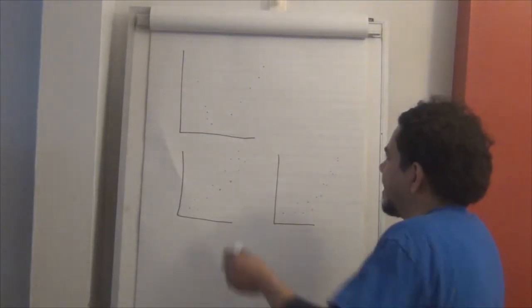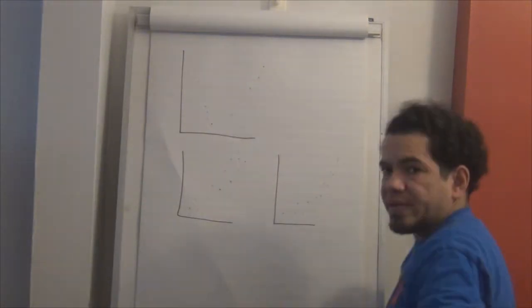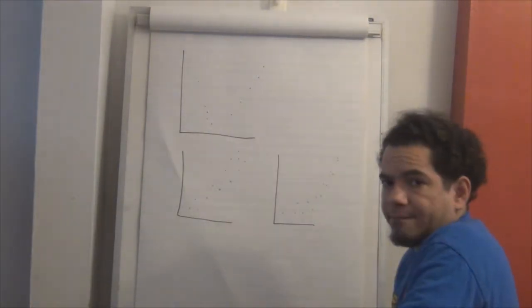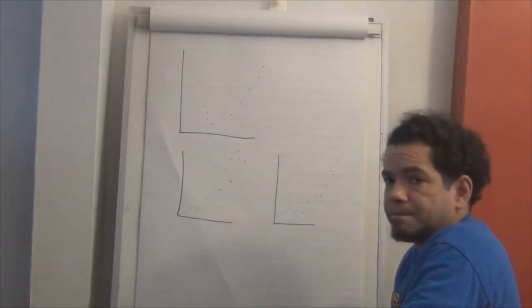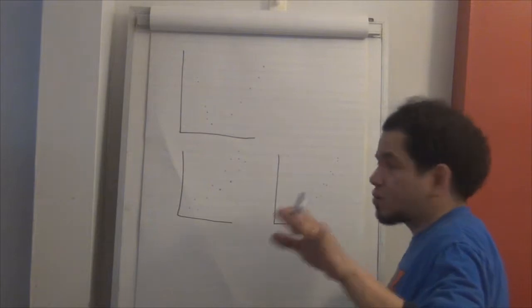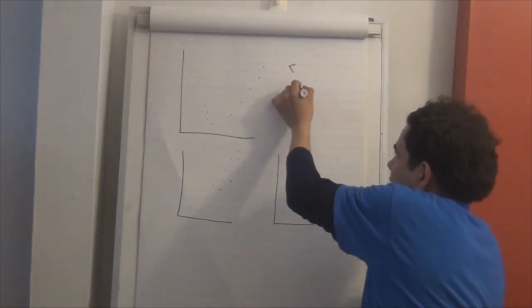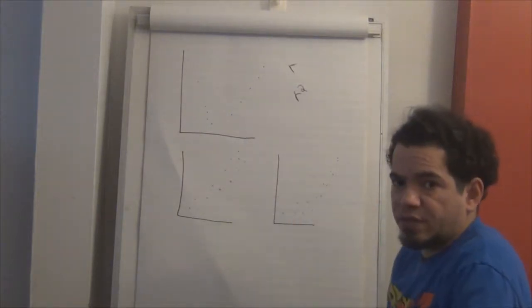For example, here a straight line might not be the line that best fits this data. Even if I draw a straight line, I will still get R and something called R squared, the coefficient of determination.